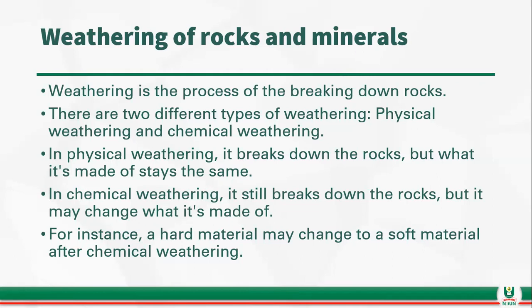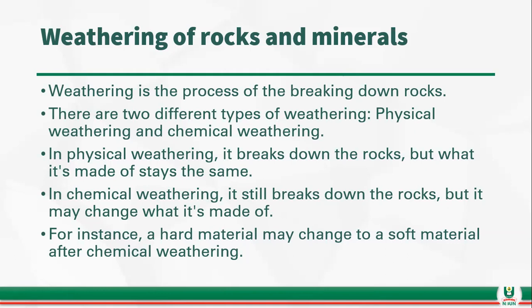Now, physical weathering is the breaking down of rocks, but what it is made of stays the same. When rocks are broken down, there is no chemical transformation. All the minerals that the rock is made up of are still what remains, even though now at a broken down stage.